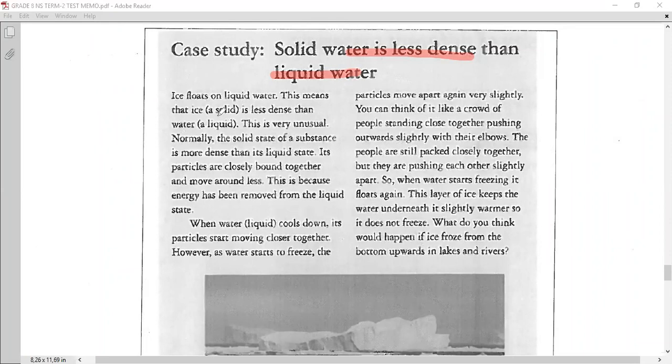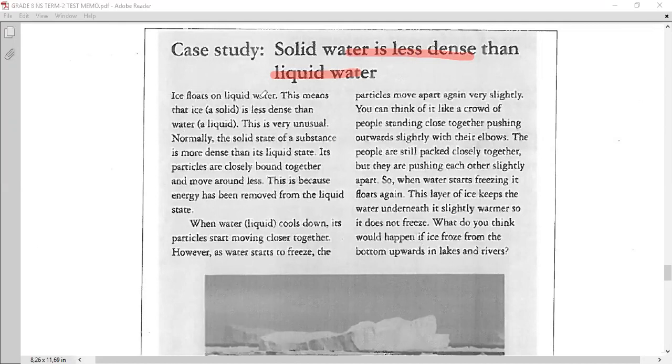So when you want to make water cold, if you add ice, ice floats on liquid water, okay? That's what we are talking about in the case study. Ice floats on liquid water.